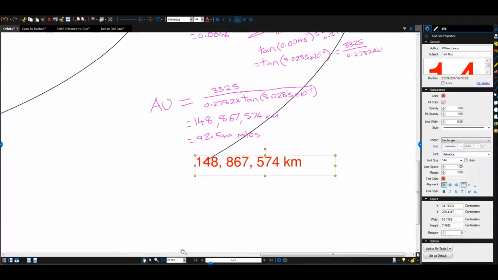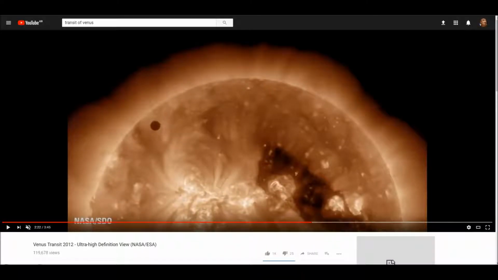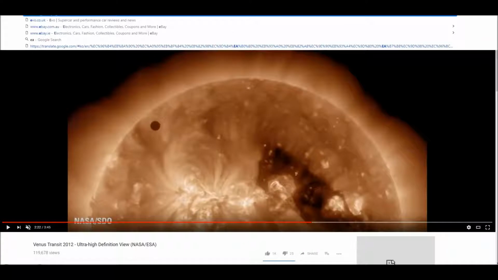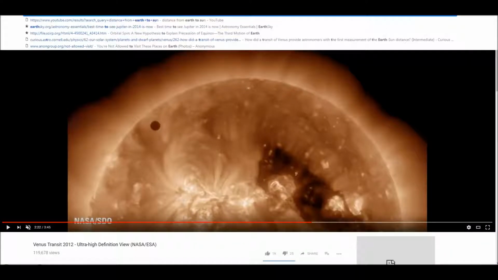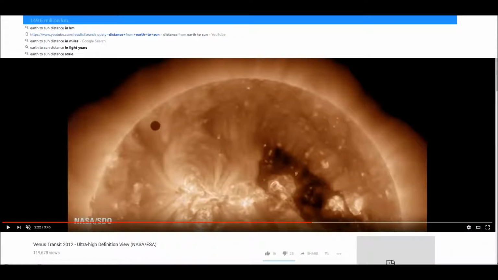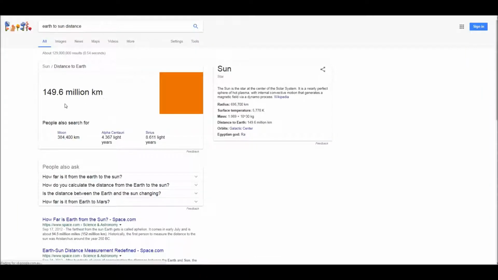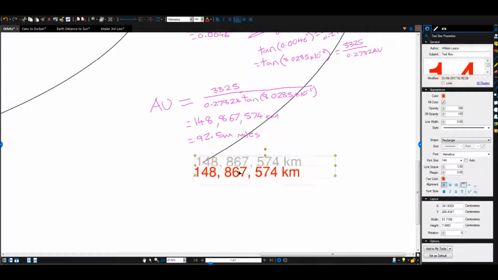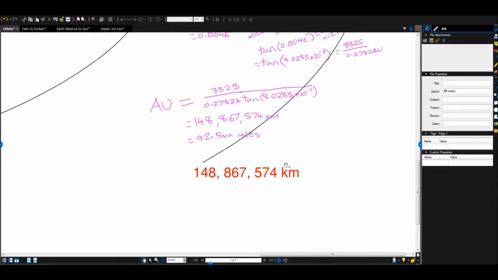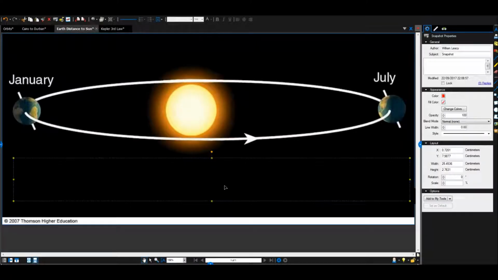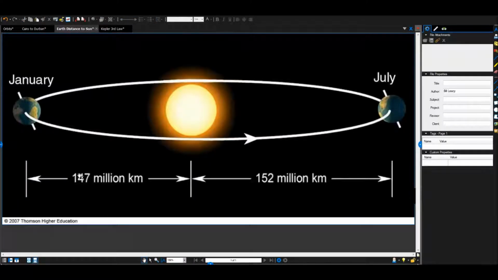So we can check that online. So we can just go Earth to Sun distance. So Earth to Sun distance 149.6. Yeah, we're pretty close. We use rounded figures, and it actually varies, as you'll see here. It varies throughout the year by 5 million kilometers, so we're right in that range, so we can say we're accurate.